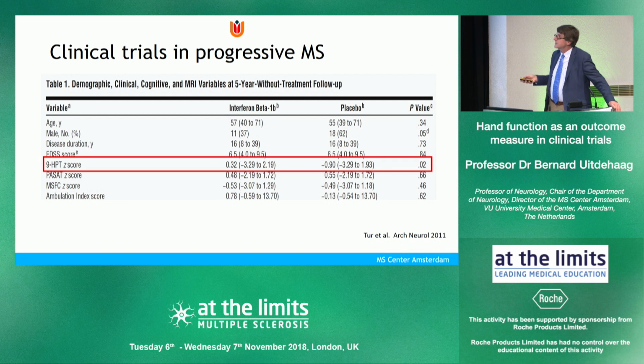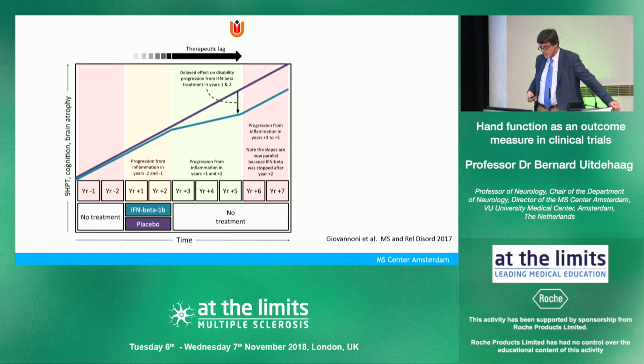And when you look at the 9-hole peg test score, the arm function, you see a significant difference between those on interferon and those on placebo in the first 2 years of the trial. So that's interesting, and I can recommend reading this article, and I'll show it in a minute.